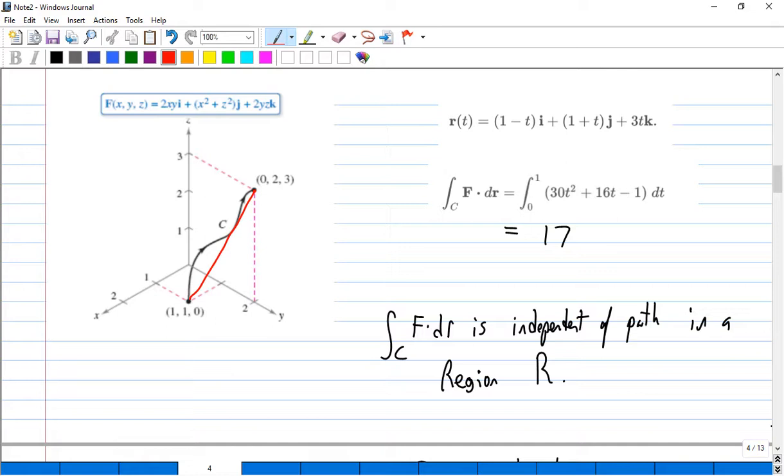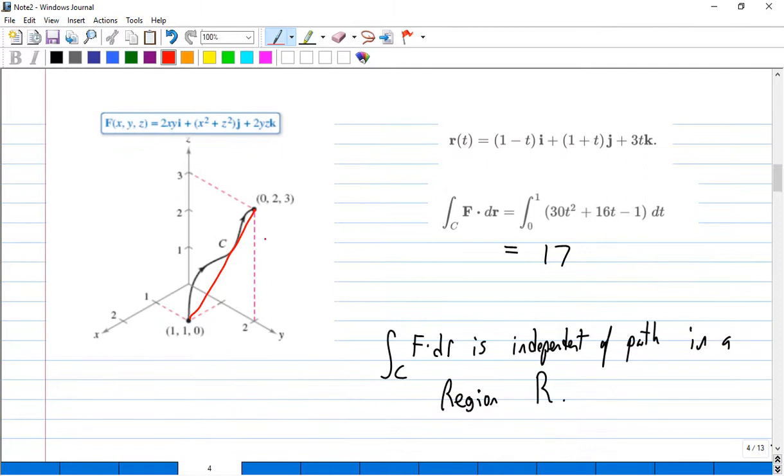And sometimes a straight line is easier to work with than some crazy curved line that you would probably have to break into different parts, and then have more than one integral to work with. If it's easier to make a straight line, make a straight line, is basically what it says.